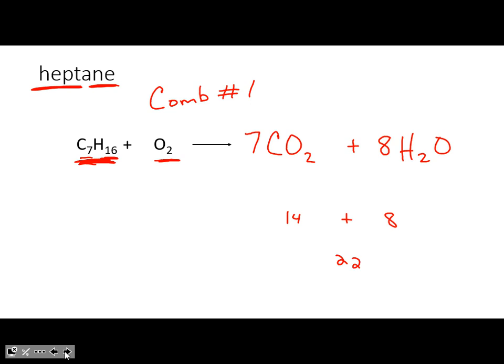So I have 22 oxygens on my product side. So on my reaction side, I'm going to need 22 also. So I'm going to put 11 in front of there. I'm going to clean up my equation. And I have balanced this first combustion reaction. Any questions? All right.